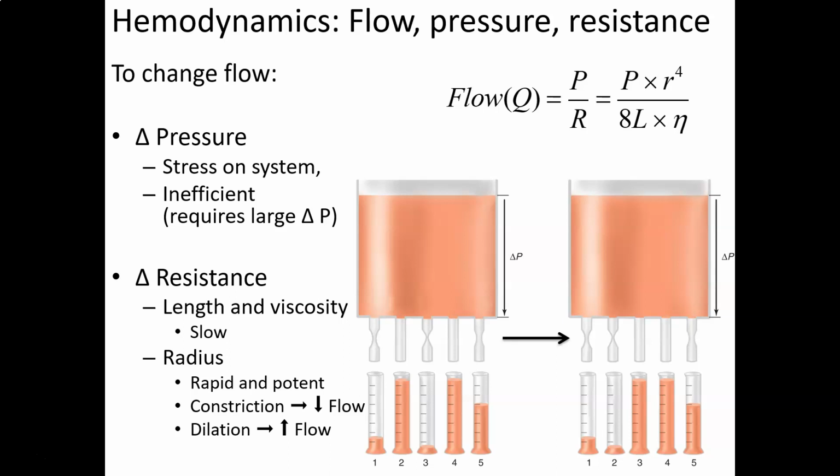Some scientists argued for a long time that the human body could never sense flow, so we had to use pressure. But there's some recent evidence that we have potential flow receptors in the kidney, so it is possible, but it's probably easier for us to measure pressure, and pressure determines flow, right? If I change pressure, I'm going to change flow. If I change resistance, I'm going to change flow as well.